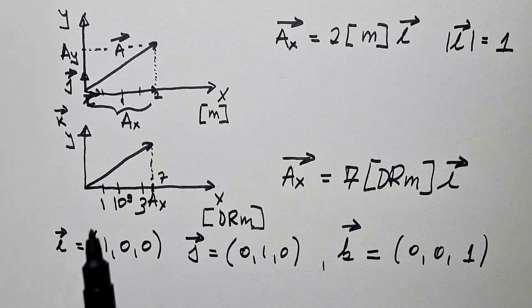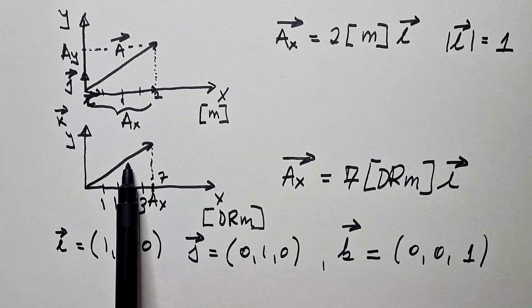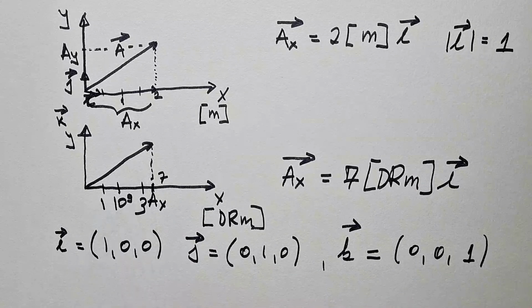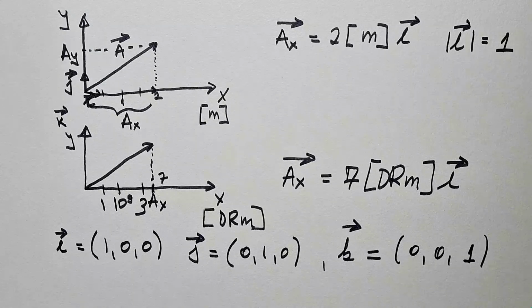That also means that any vector A can be written as a linear combination of these three unit vectors or base vectors. So this was a short story about unit vectors. I assume most of you already knew about these things, but for those of you that didn't, I hope this video helped you to better understand the building blocks of vectors.